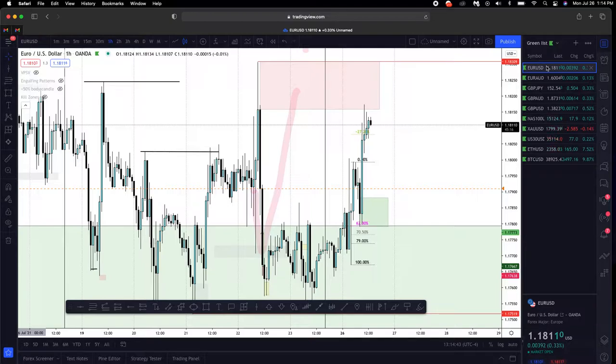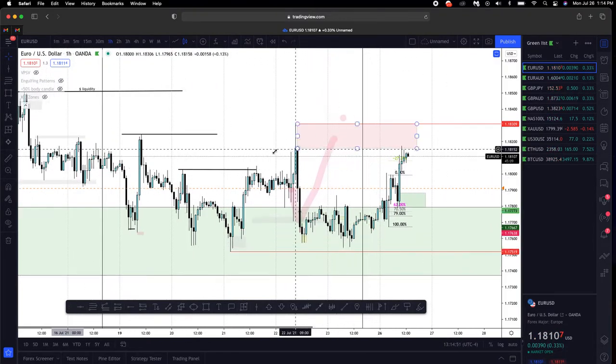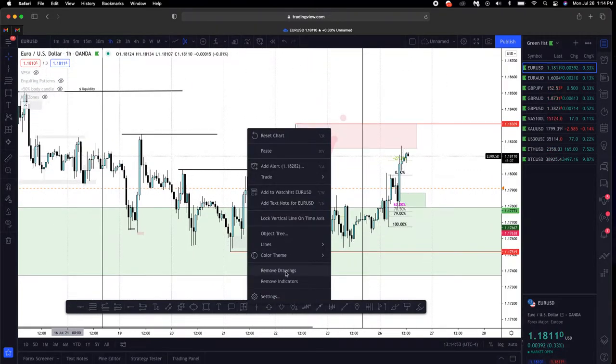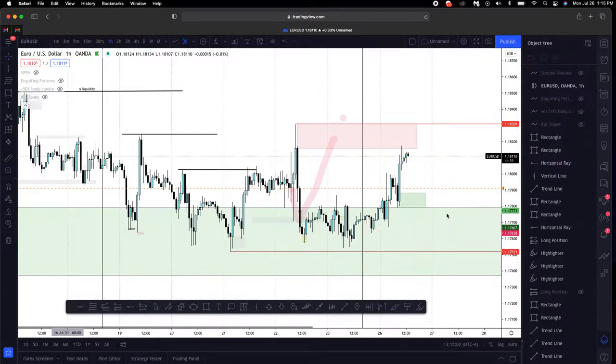I've already done the analysis on most of them. As you can see, EURUSD has already been analyzed. Basically, last week, a trade was sent out to buy EURUSD that came up to, I believe, 50 pips.